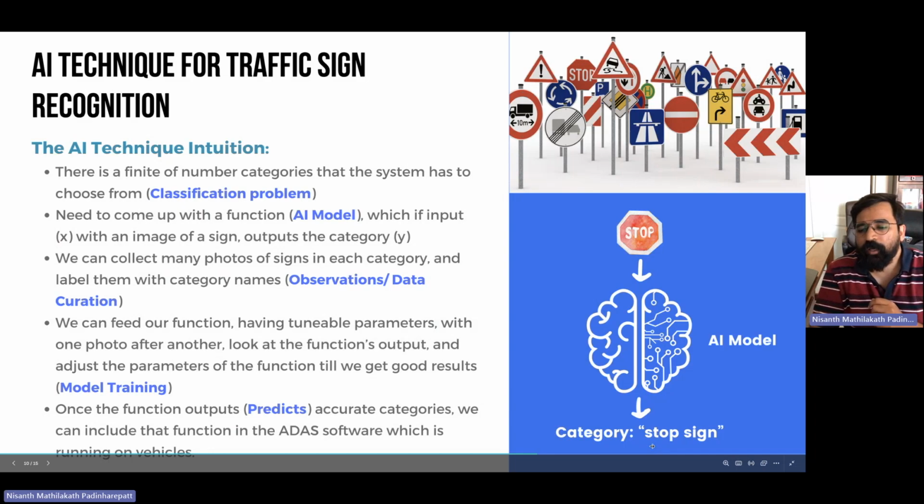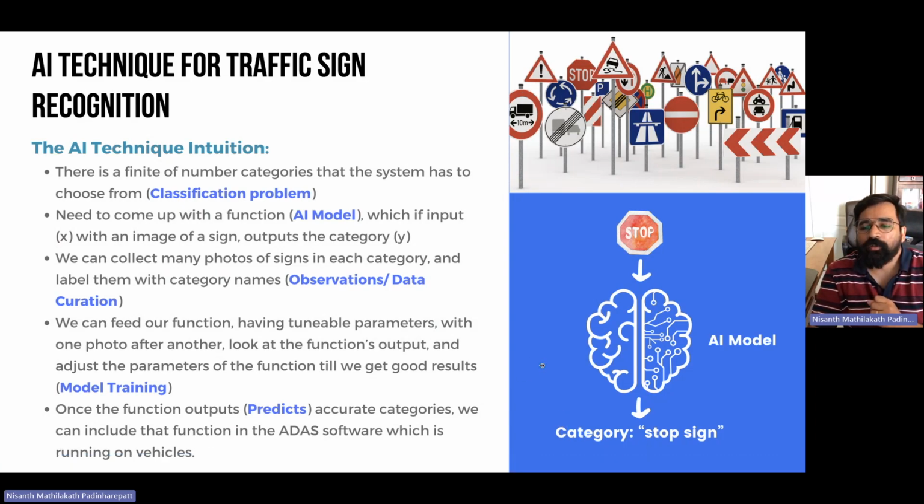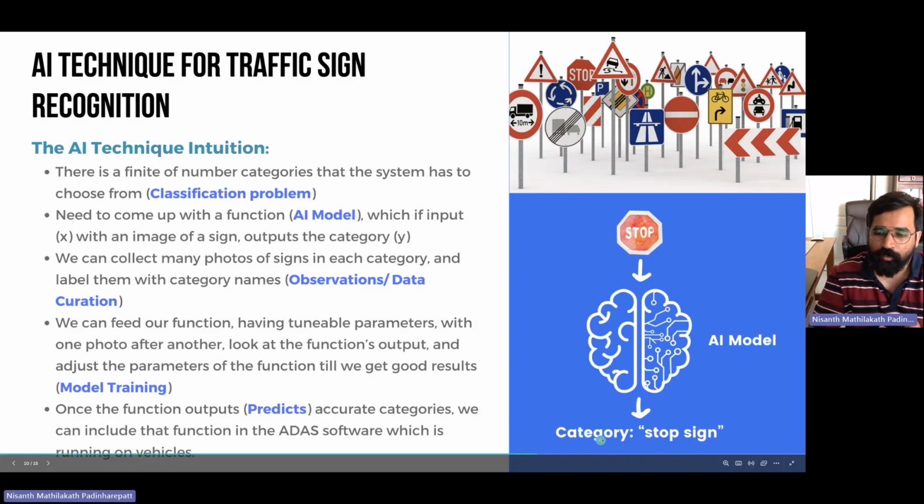We can number the labels: stop sign means 3, school sign means 7, speed sign 30 means 8, speed sign 50 means 9, things like that. So y is that label number, and x is the input image.